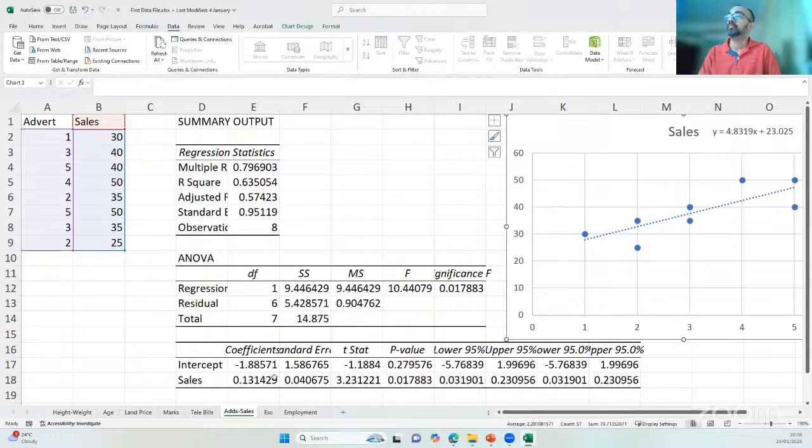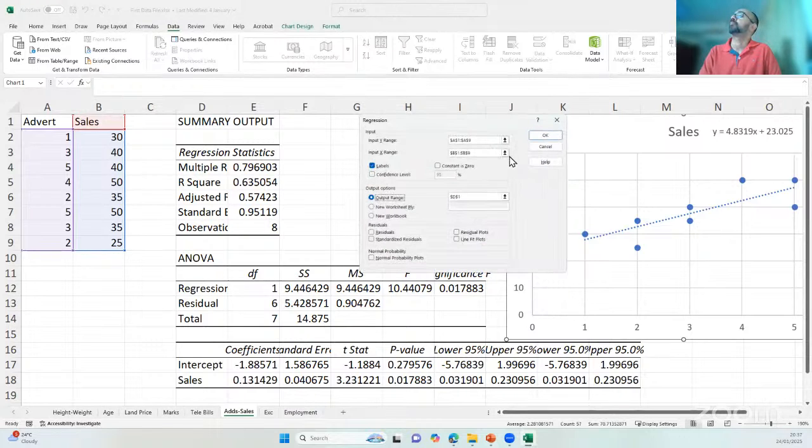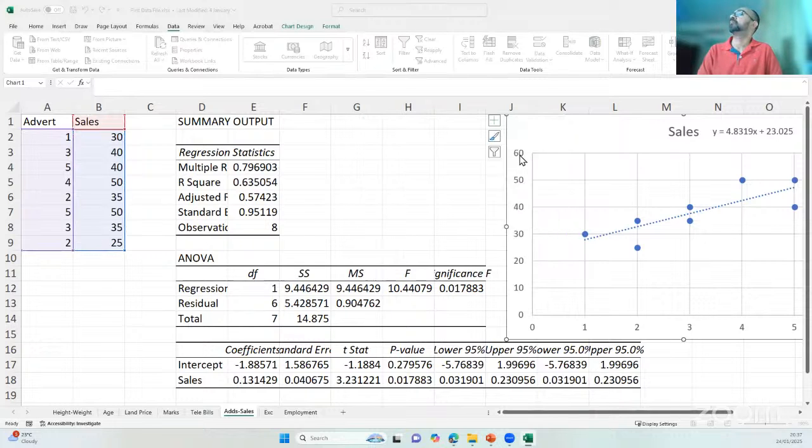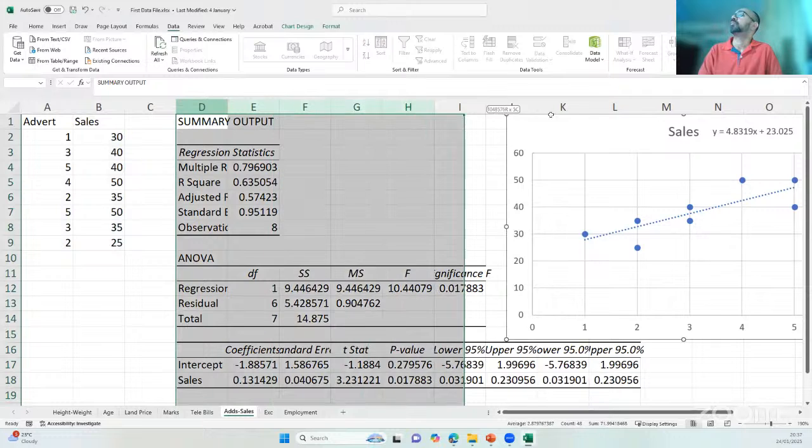However, I have input X and Y in the wrong direction. Sorry about that. I will have to delete this.